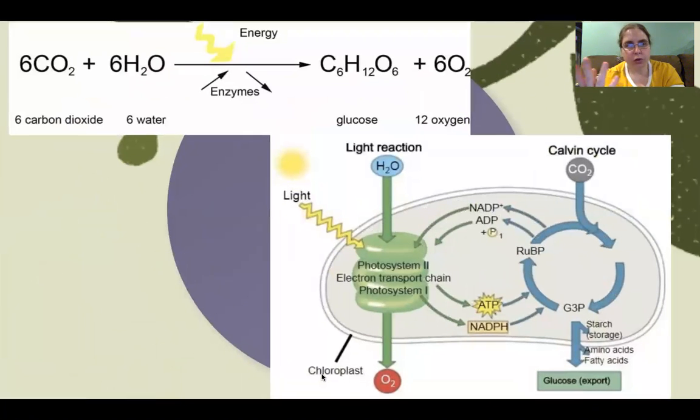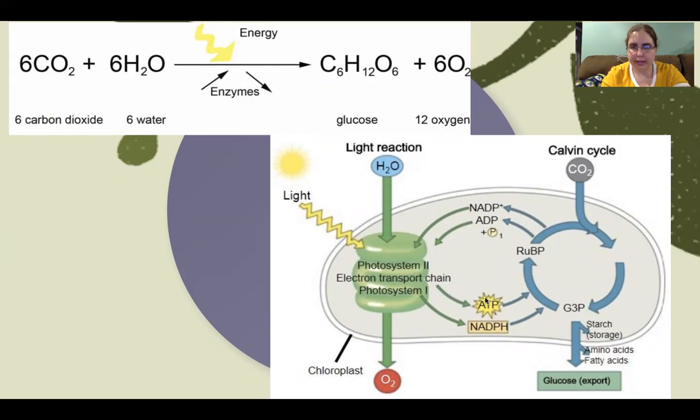So here's just an overall picture. This is just a good summary picture. Again, here's the equation: 6 carbon dioxide plus 6 water molecules with energy from the sun allows us to create 1 glucose molecule plus 6 oxygen gas molecules. And a good summarization, we have step 1 here, which is the light dependent reaction. Water goes in, light goes in, oxygen comes out as a waste.